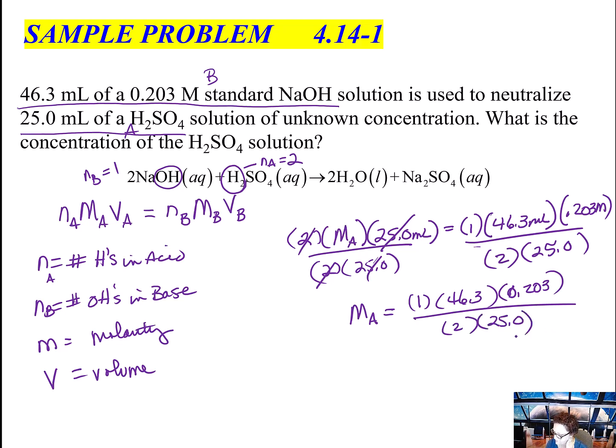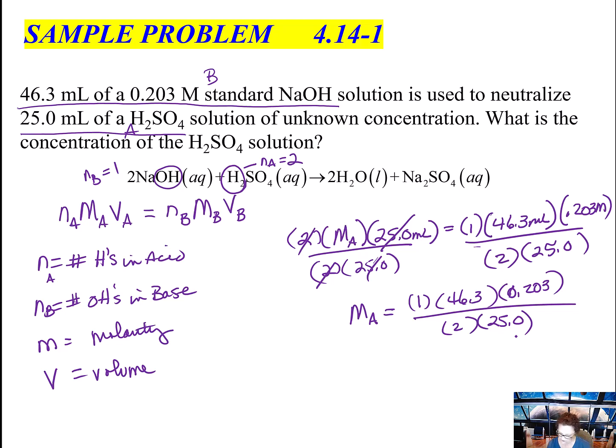Remember, if you're putting those top numbers in and then dividing by 2 times 25, you've got to put that in parentheses, or you've got to divide by the 2 and then by the 25. That way you won't mess up your calculations.